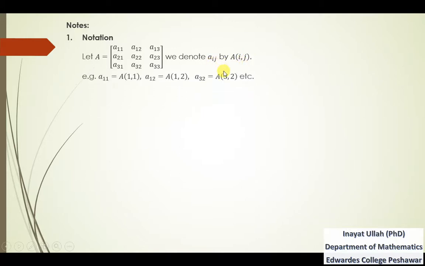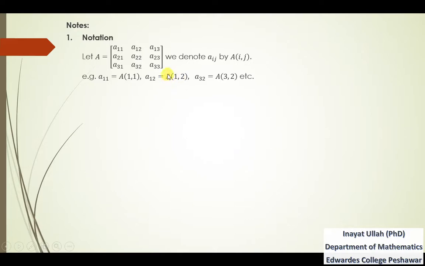For example, A11 will be denoted by A1,1. I mean, that is the entry of matrix A which is in the first row and first column. Similarly, A12 will be denoted by A1,2.